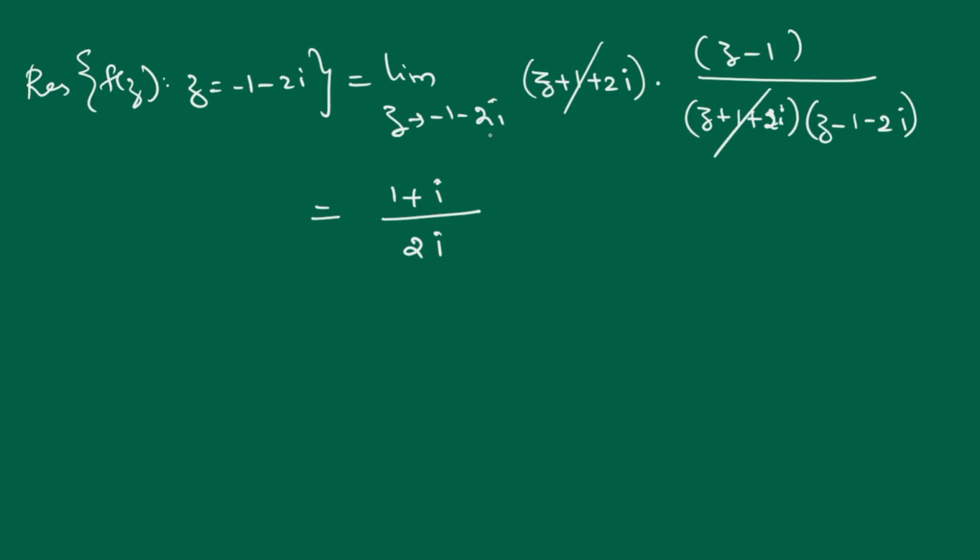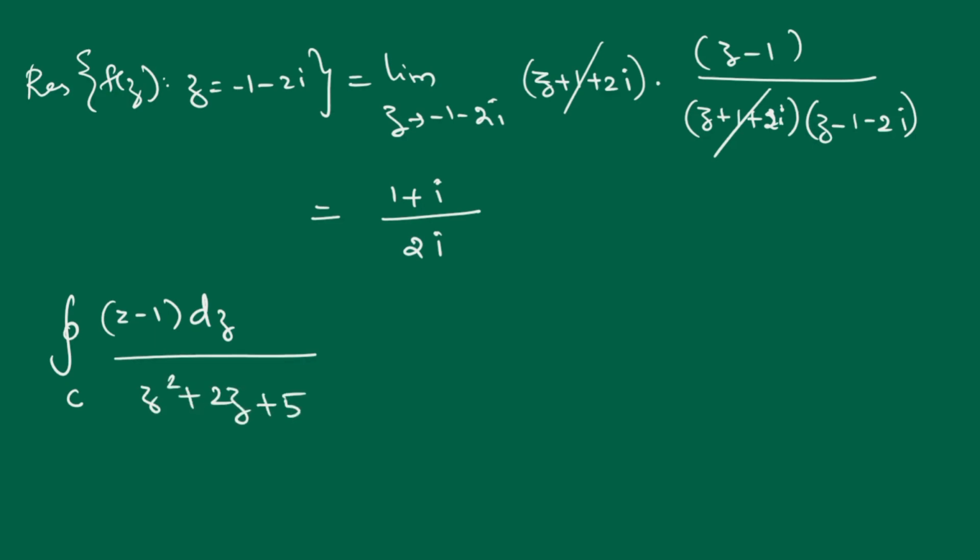So now we calculate the integration, that is, the integral of z plus 1 dz by z square plus 2z plus 5 is equal to 2 pi i into the sum of the residues. Here we have only one residue, so we can write that residue, and we can cancel this 2i with 2i.